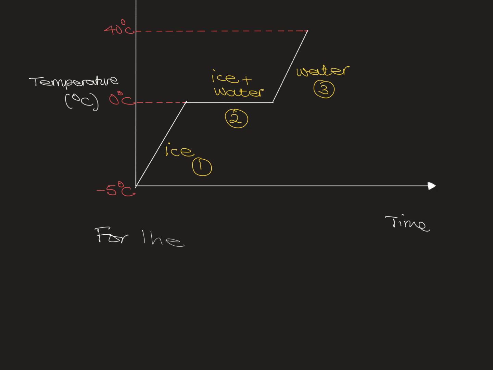For the first stage, we're going to have ice at minus 5 degrees Celsius to ice at 0 degrees Celsius. That is from this point to this point. If you analyze it, you realize that there is change of temperature from minus 5 degrees Celsius to 0 degrees Celsius.